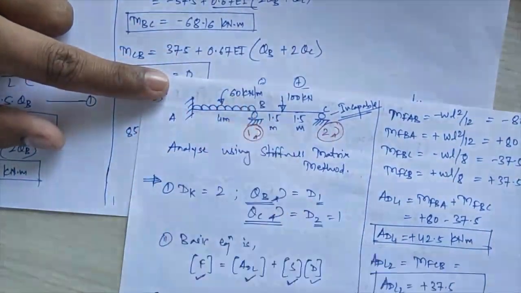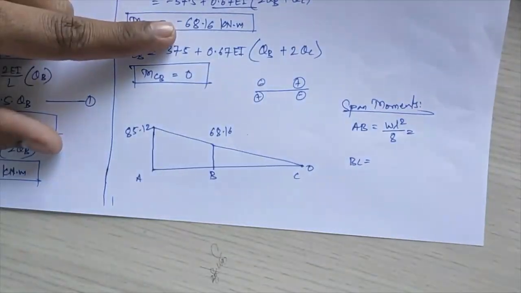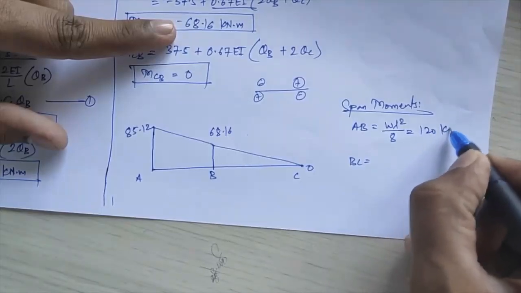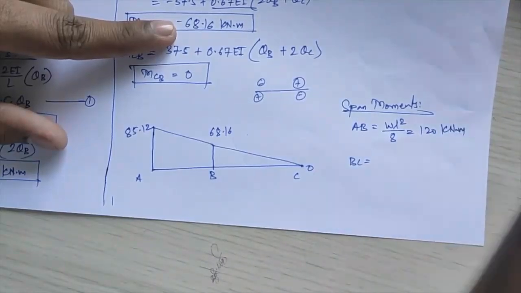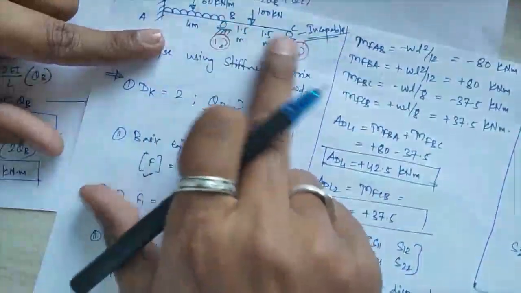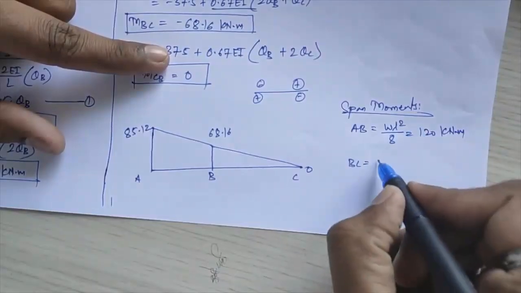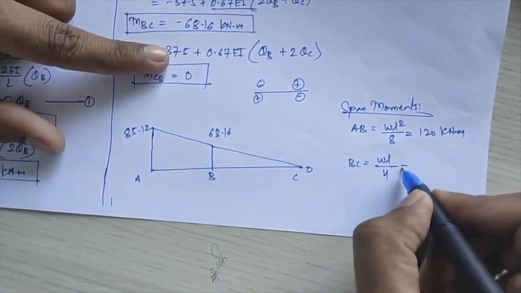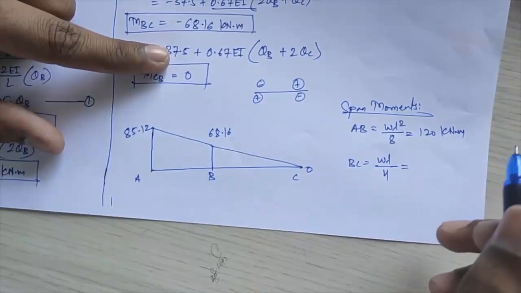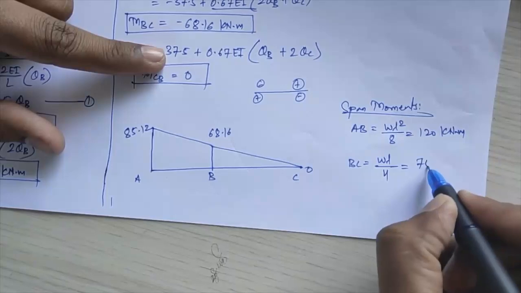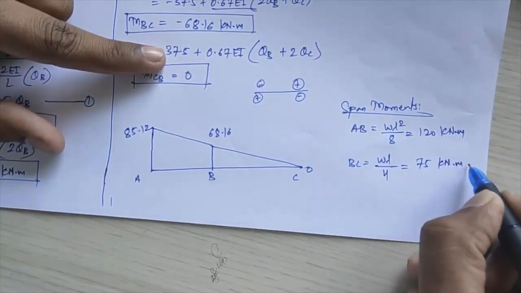W is 60, L is 4, so 60 into 4 square divided by 8, I am getting that equal to 120 kilonewton meter. And in span BC, a central point load is provided. So for a central point load, this value comes equal to WL by 4. W is 100, L is 3. So 100 into 3 divided by 4, I am getting this value as 75 kilonewton meter.